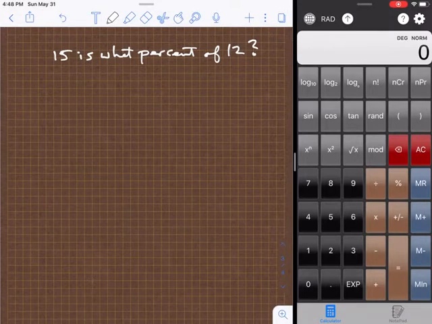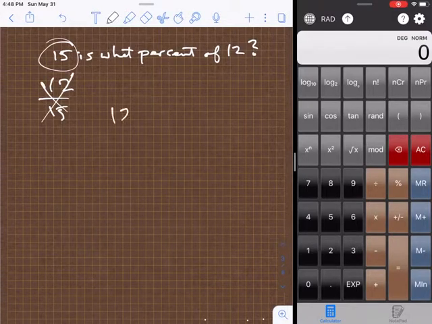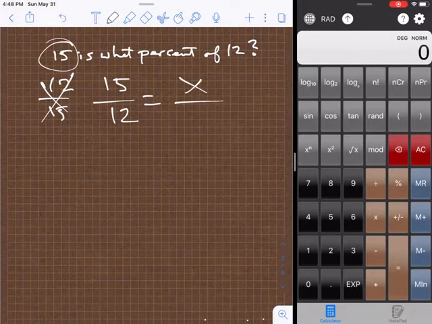15 is what percent of 12? All right, so this one, it's really easy to think, oh, well, 12 over 15, but that's not really right. It says 15 is what percent of 12? So 12 is my whole, right? So the way to write this is 15 over 12 equals what percent over 100, right?